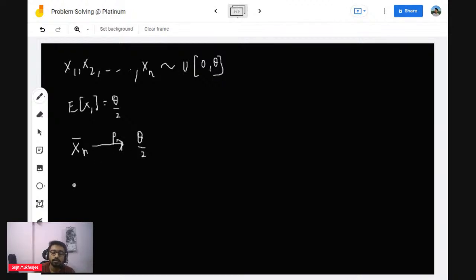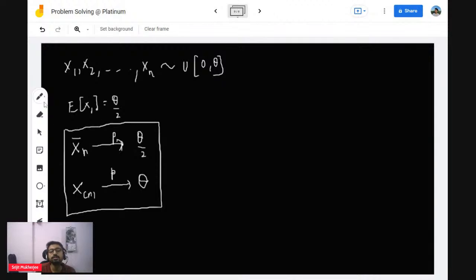And the MLE of this is the maximum, X(n), right? This converges in probability to theta, right? So you get two estimators like this. You can now find infinitely many estimators like this.